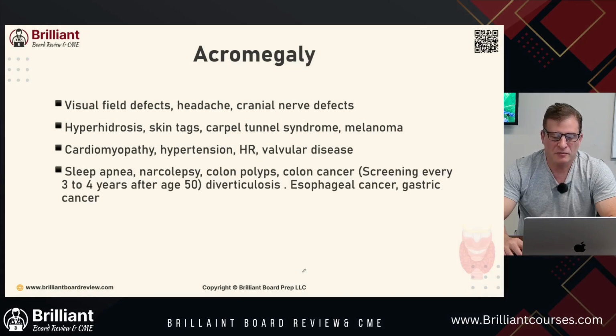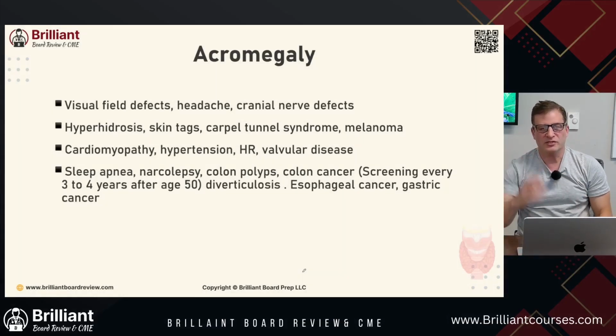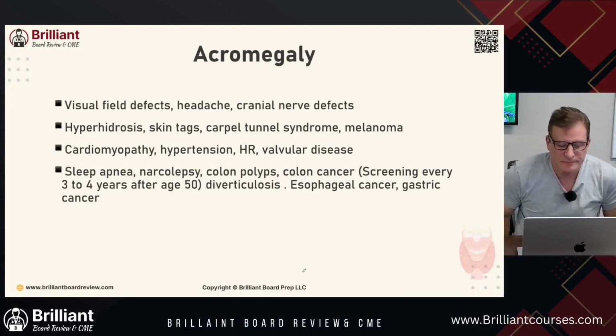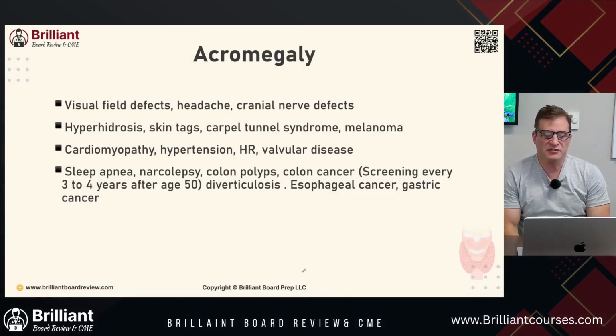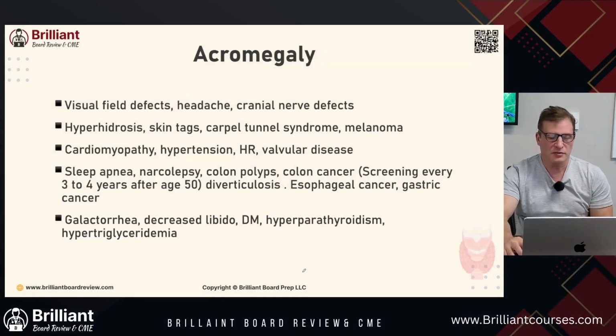Sleep apnea, narcolepsy, colon polyps, colon cancer, because IGF-1 increases our risk for colon cancer at elevated levels. You need screening every 3 to 5 years after age 50. Can have diverticulosis, esophageal cancer, gastric cancer, increased risk for these because this IGF-1 is going to be fueling these.